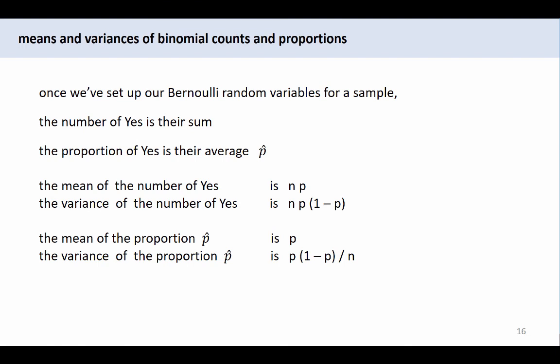When we work with proportions, which are a linear transformation of the sum, the mean of the proportions p hat from all possible samples is going to be the population proportion p. The variance of the proportion p hat values is going to be p times 1 minus p over n. And these are facts we're going to be using a lot.